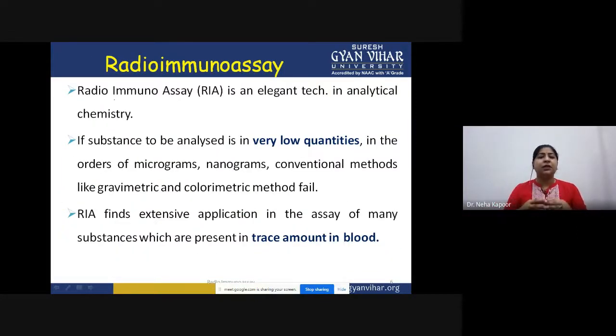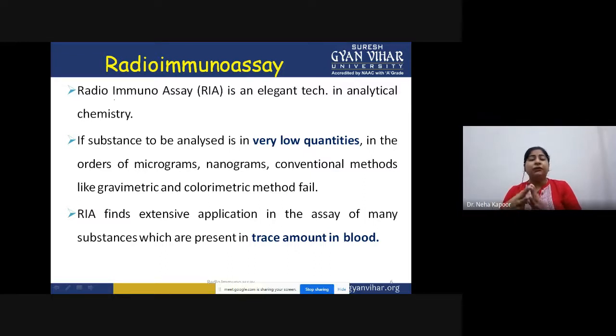Now, starting with the main topic of today, that is radioimmunoassay. This is the most sophisticated and elegant technique in analytical chemistry. However, we also use it in immunology-based testing and diagnosis.